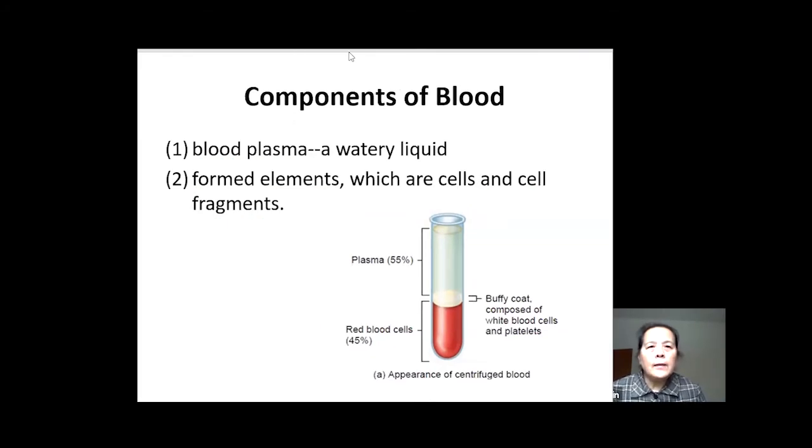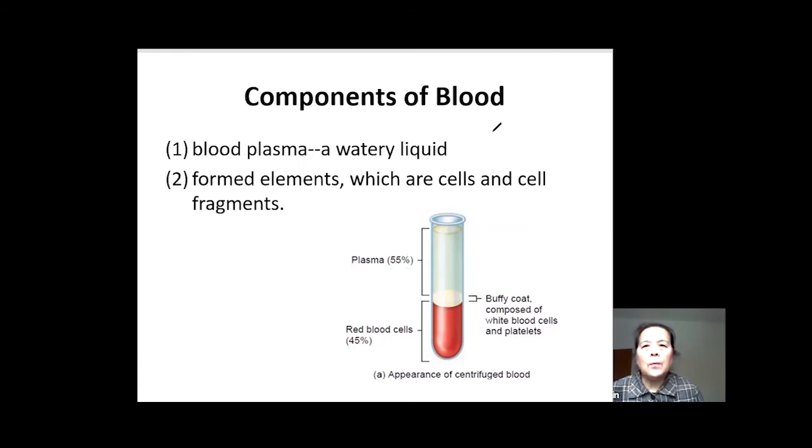So inside of blood, we separate 2 parts first. One big part, blood plasma, is basically 55%. The other part is the formed part, basically the cells, which is 45%.